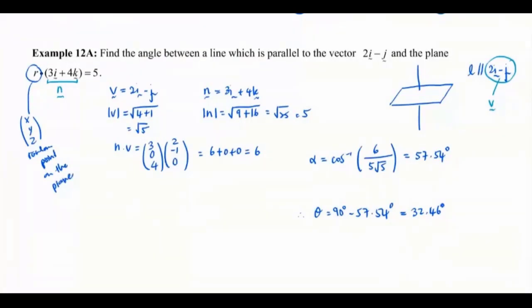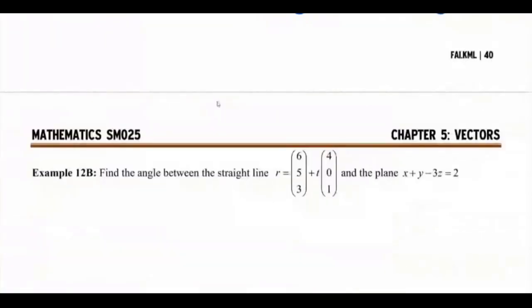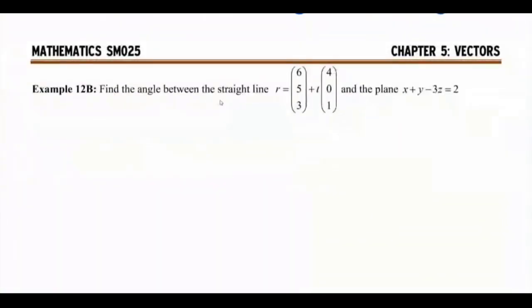Alright, so move to 12B where we have the same pattern. Find the angle between straight line and the plane. So we have V first. V kita akan dapat daripada ini, and then your N we can get from this one.